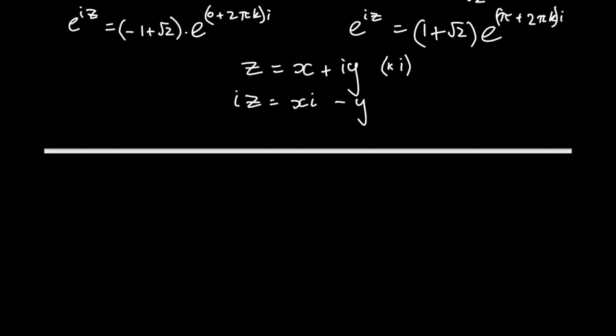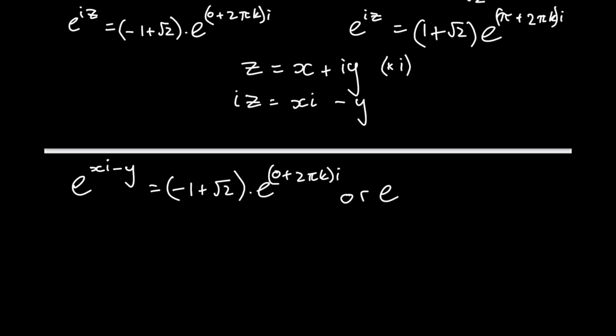So now we move along here, and e to the iz is going to be e to the xi minus y, equal to minus 1 plus the root of 2 times e to the 0 plus 2 pi k i, or e to the pi plus 2 pi k i.